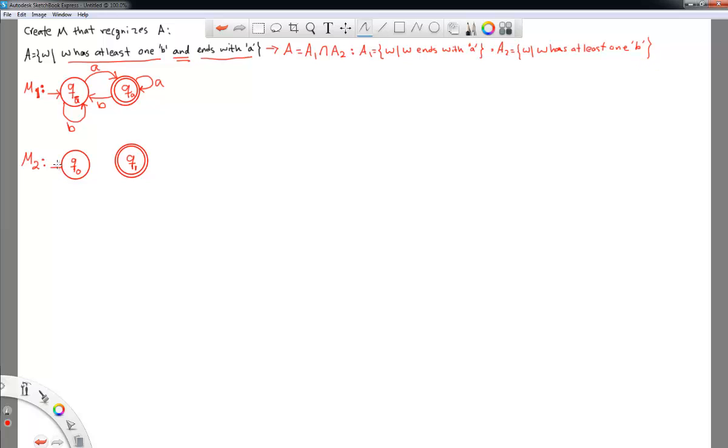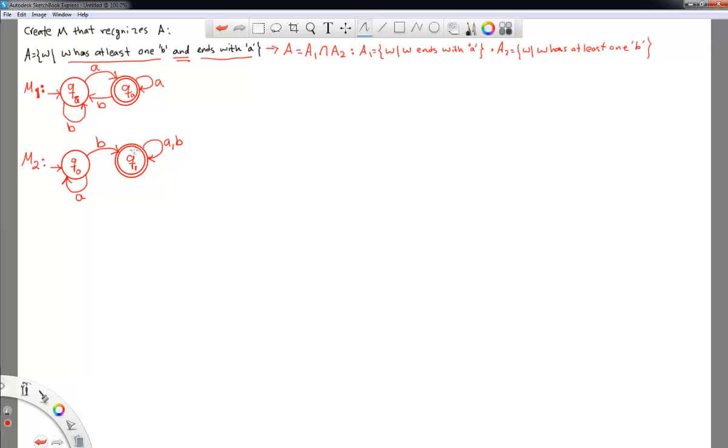Then again, the start state means that I haven't seen anything yet, which means that I haven't seen any B's yet. So I'm in Q sub 0, no B's. I'm going to stay in Q sub 0 for as long as I keep reading A's. As soon as I read a B, I'm going to go to Q sub 1, which means that now I just saw the first B. From this point on, regardless of whether I see A or B, I'm going to accept, because the moment I see the first B, I have seen at least one B, which means any string created from this point on is going to have at least one B, and therefore must be accepted.